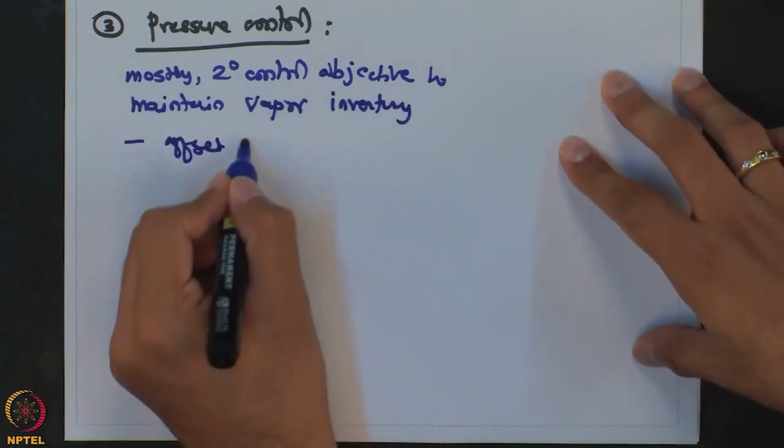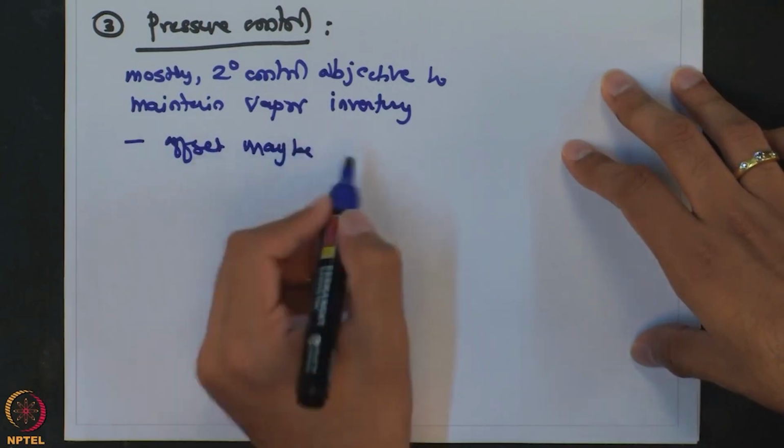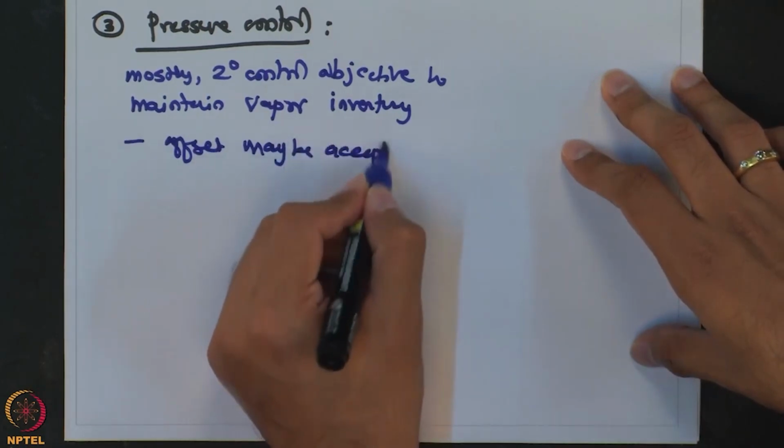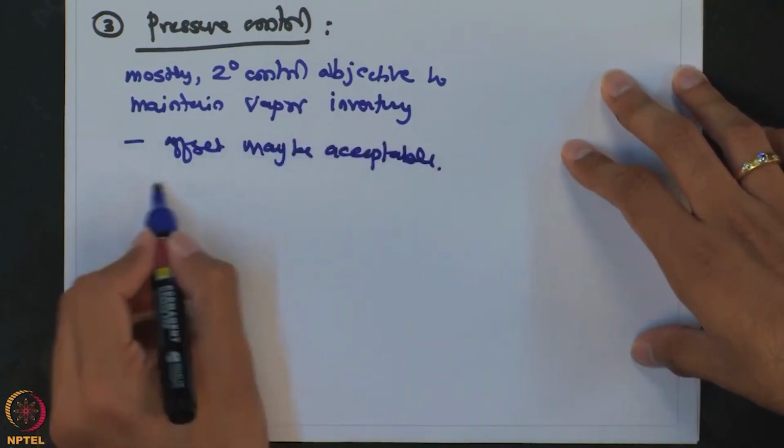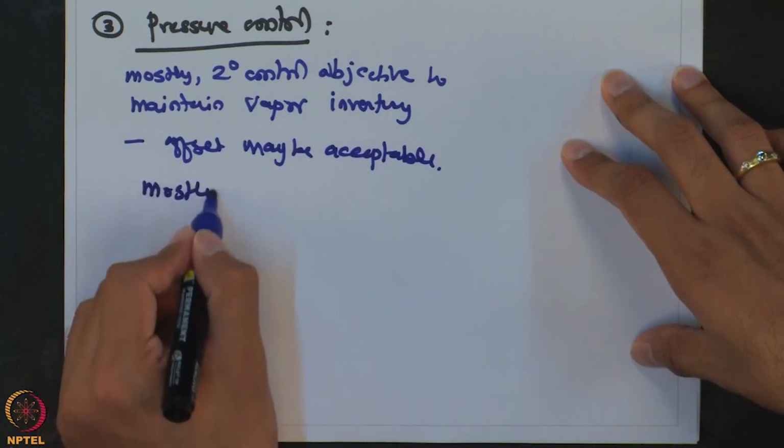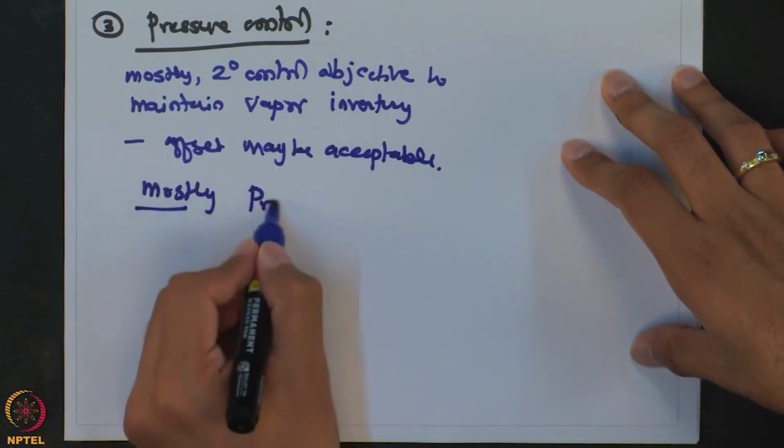So offset may be desirable or may be acceptable. So mostly it's a proportional controller.